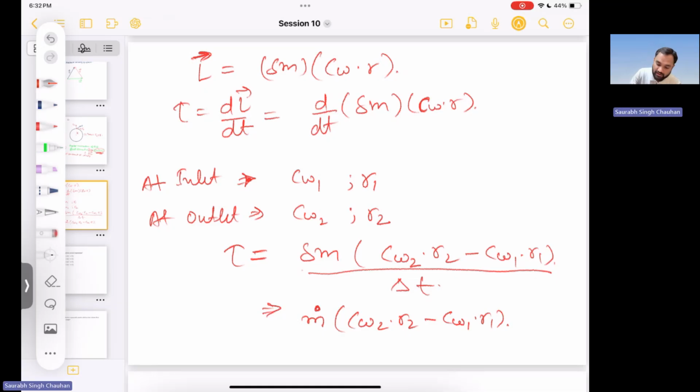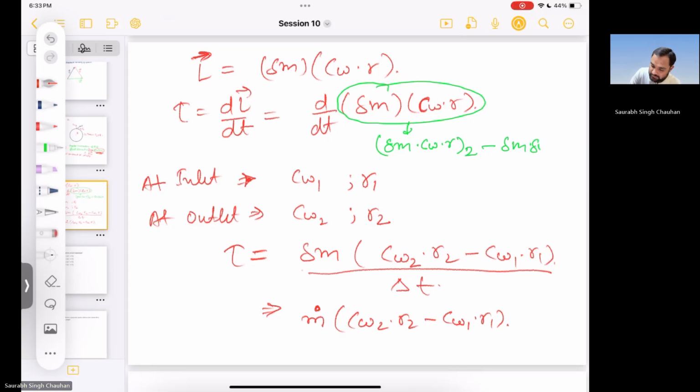Let me repeat what I have basically done. I have written this term as delta M CW R at point 2 minus delta M CW1 R1, that is CW into R at point 1, divided by T2 minus T1.